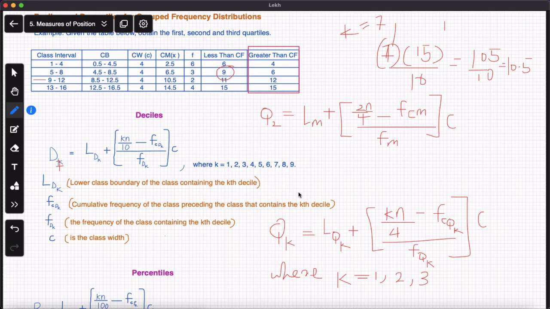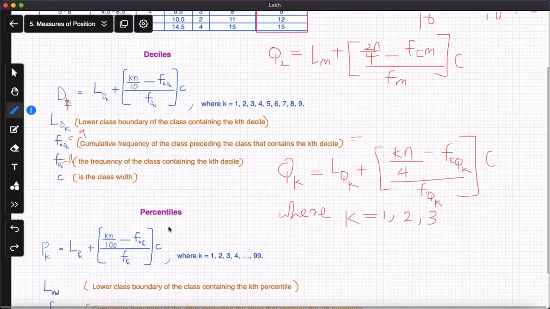So this one will give us 9. This one will give us 11. So how did I get 11? This 11 was obtained from here because it's the frequency of the class containing the 7th decile. And then C is 4.